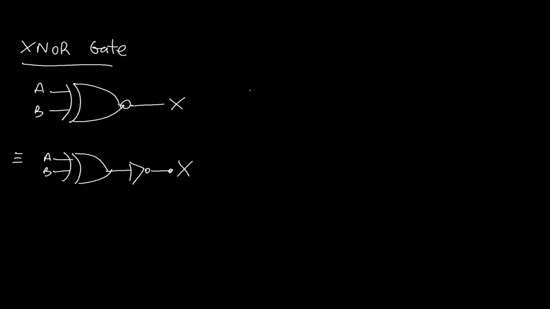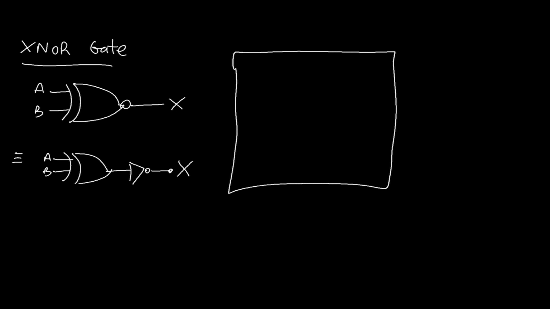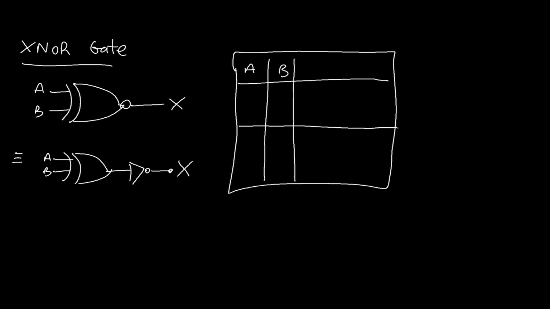Okay, let's draw the truth table for that. So we're going to go across, we can have A there, B here. I may as well put the other rows in now.